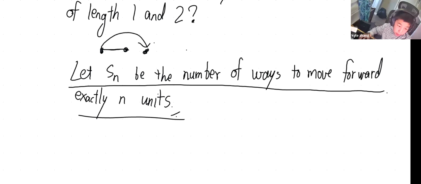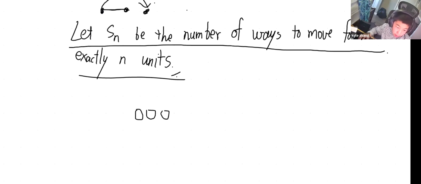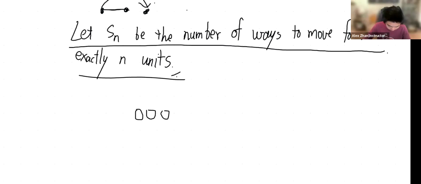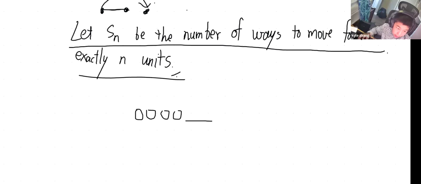So let's say we have S n minus 2, just gonna draw a random amount. Like this specific amount is S n minus 2. You can add 2 steps to it.